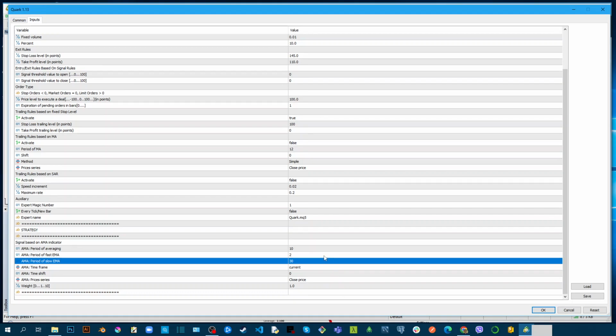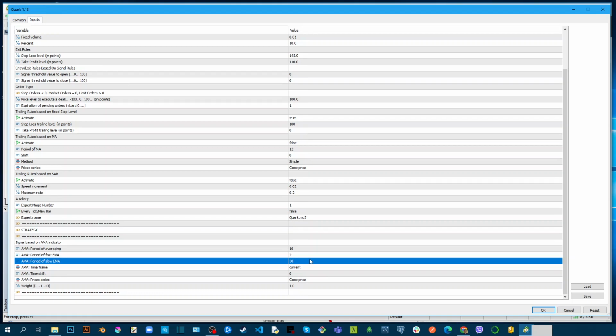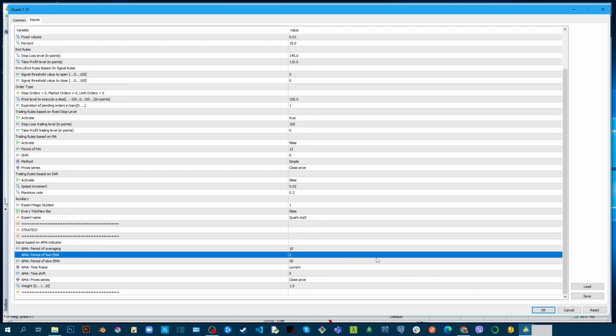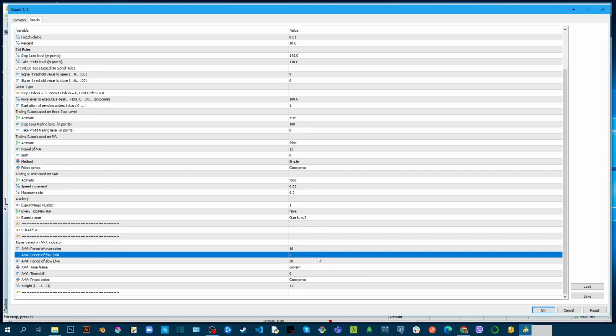Always take care when you optimize the EA using start, step and stop, because fast EMA must have the lower number, and slow EMA must have the greater number than fast.